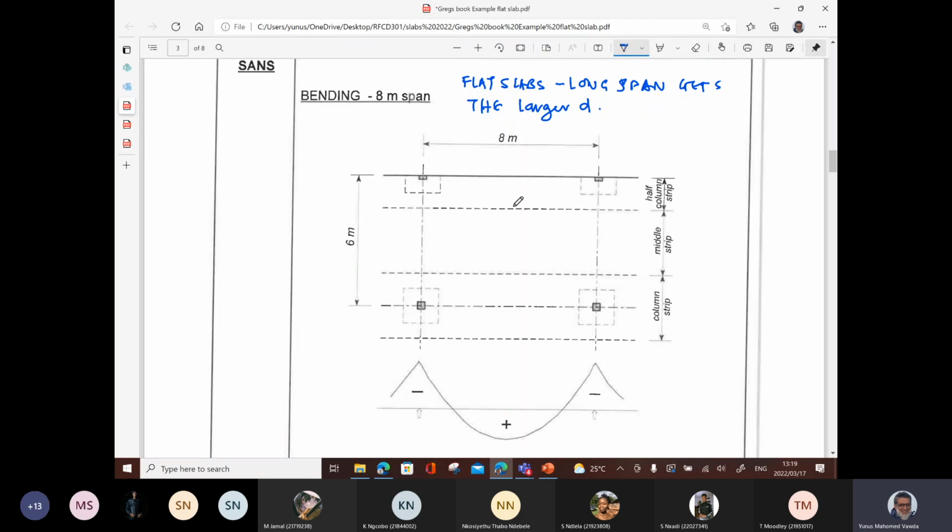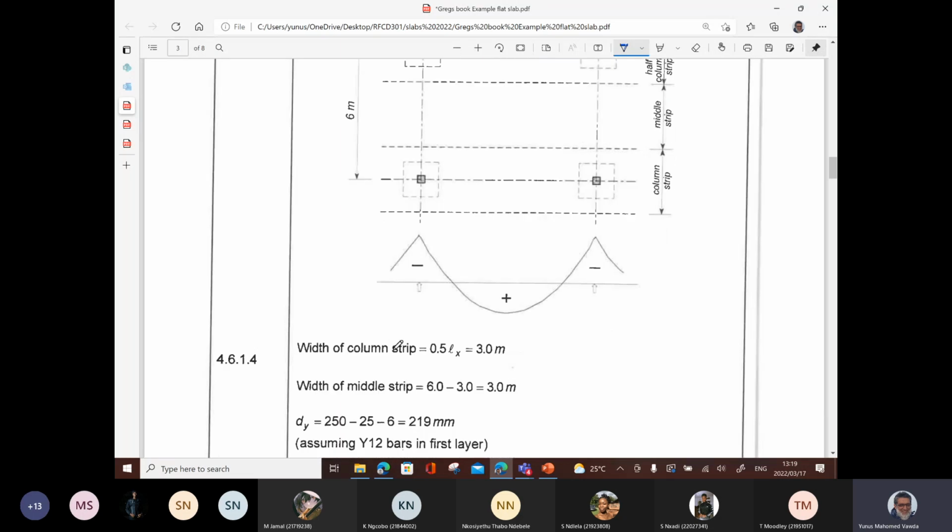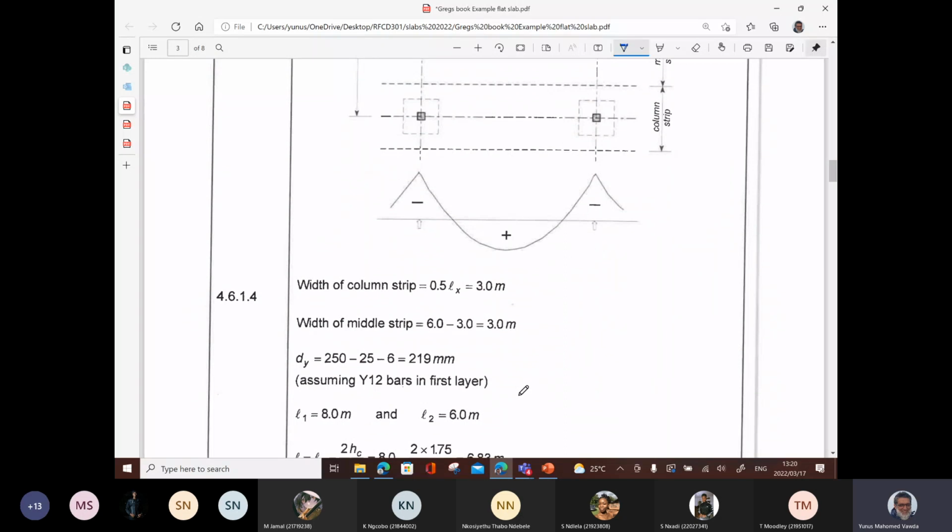Okay, right, so we've got the strips, the middle, the half, etc. Width of the column strip is 0.5 times Lx, which is 3. If you subtract that from the total, you've got 6 minus 3, which is 3. Dy, 250 minus 25 minus 6.